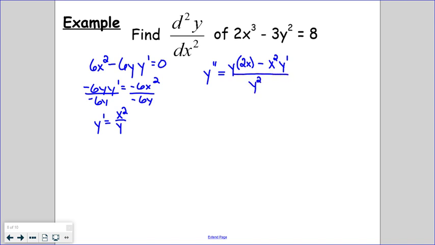And this is where I'm going to do a little cleaning up, but also we're going to look to sub in for y prime what y prime equals. So again, we don't have a y prime in our answer, and then it'll be all just plain x's and y's. So y double prime equals 2xy minus x squared, and then replace y prime with x squared over y.